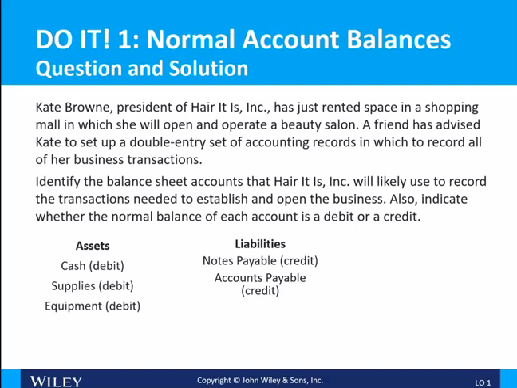That's a credit balance. Then we'll have equity accounts, common stock with a credit balance. Eventually, as she records transactions and closes the books, she'll have retained earnings as well. And as she has transactions, she'll have revenues and expenses as well on the equity side.